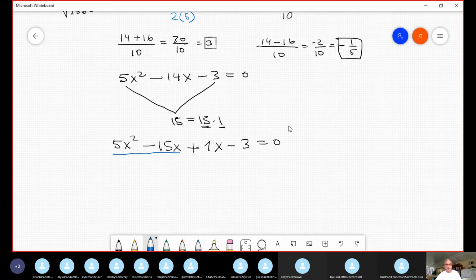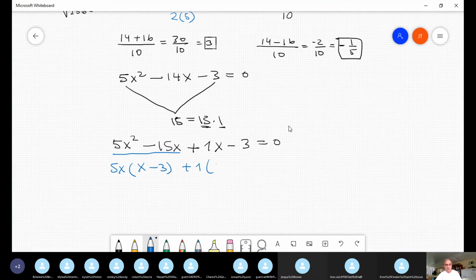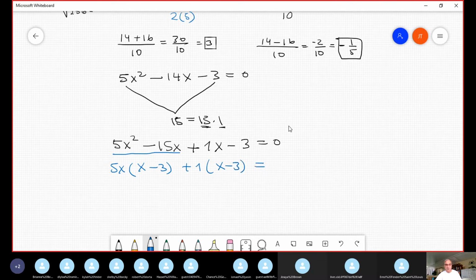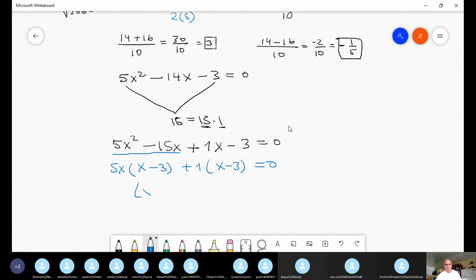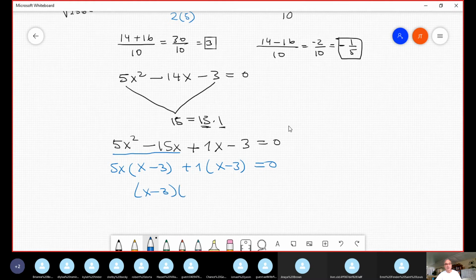What is the GCF in the first part? 5x, and x minus 3. What is the GCF in the second part? 1, and x minus 3. So x minus 3 is a common factor, and in the other parenthesis we have 5x plus 1.